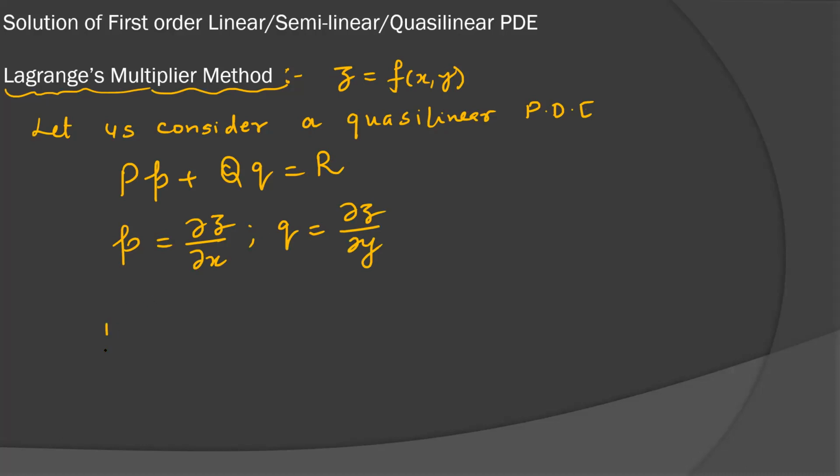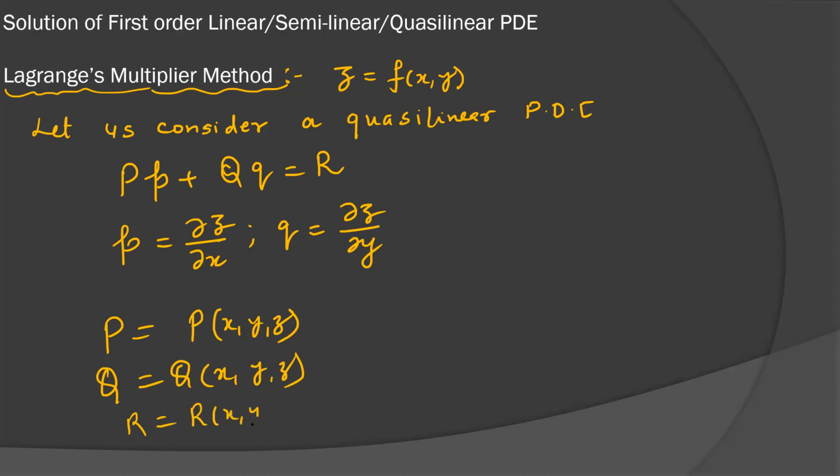What about capital P, Q, R? Capital P is a function of x, y, z. Capital Q is also a function of x, y, z, and capital R is a function of x, y, z.